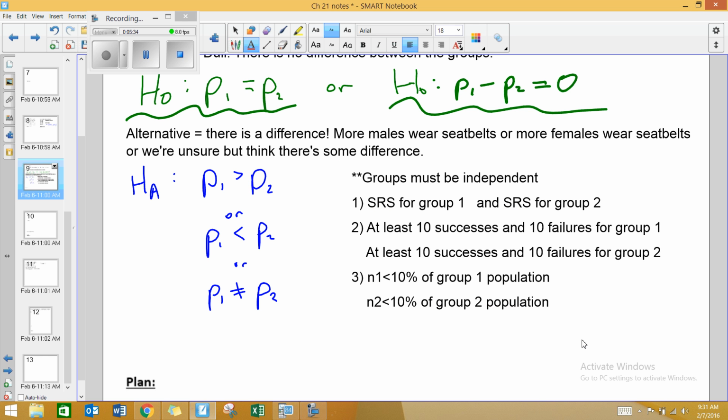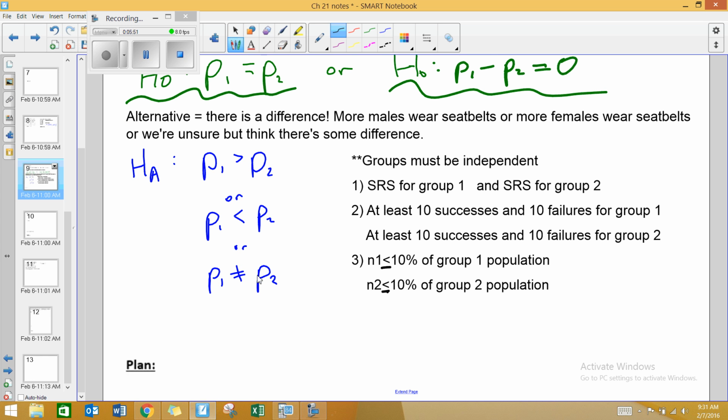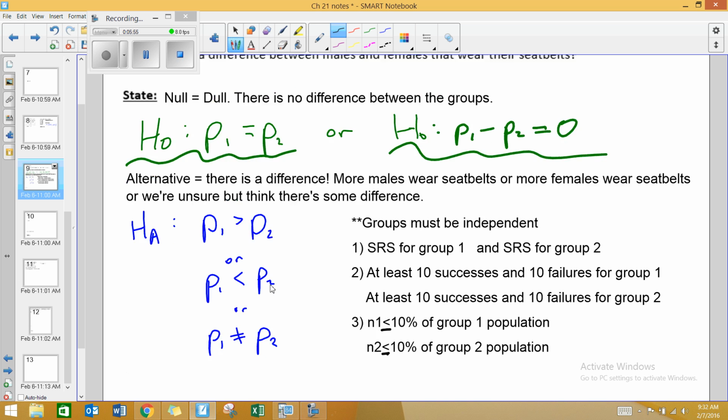Okay? And some of you might be wondering if it's still less than or equal to, and it is. But my keyboard doesn't have a less than or equal to sign. But typically we're well under the 10%, so it's just a small little detail there. Okay, so that's it for our state step.